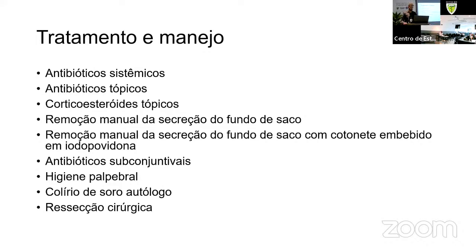You can remove the secretion of the deep fornix using a swab. You can also do it with a solution of iodopovidone. You can use subconjunctival antibiotics, autologous serum eye drops, and you can also do surgery, which is resection of the conjunctiva.